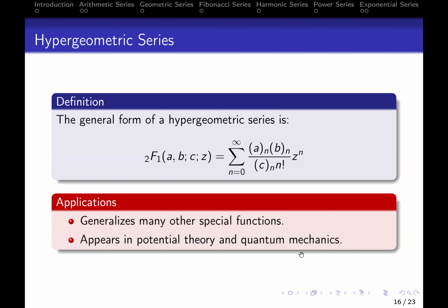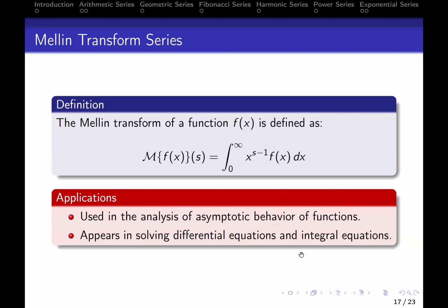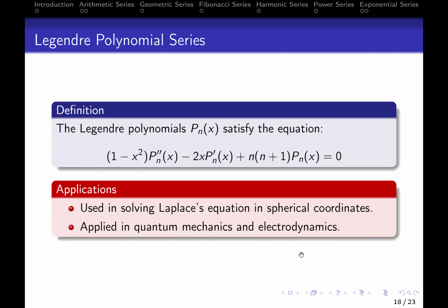Okay. As for its applications, it generalizes many other special functions, and it appears in potential theory and quantum mechanics. Then you have the Mellin transform series. So the Mellin transform of a function f(x) is defined as what you have down there, and for its applications, it's used in the analysis of asymptotic behavior of functions and appears in solving differential equations and integral equations.